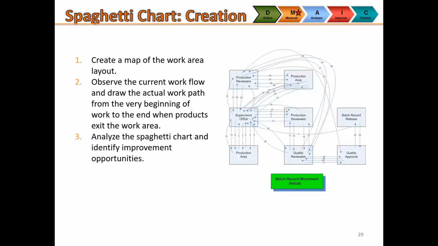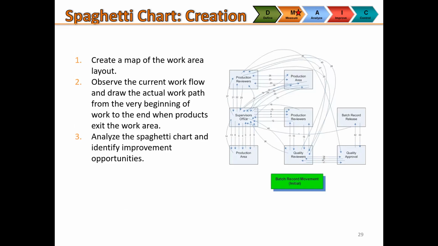So you create a map of the work area layout, observe the current workflow, and then draw the actual work path. For those of you who want to do lean for a living, there's nothing like a pedometer. Put a pedometer on people to see how much they're walking to get their job done on a daily basis.